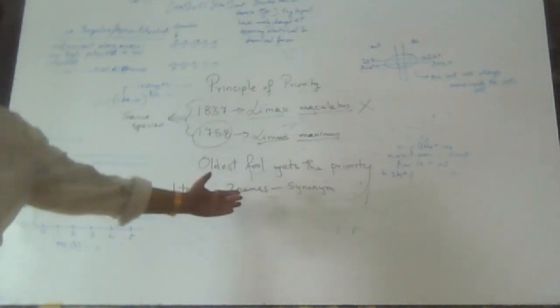So synonymous names are there, and the oldest name always gets the priority. Whenever there is a synonym, you have to see who gave the description first, which name was given first. That name is the one to be taken into account. Other names are to be rejected outright.